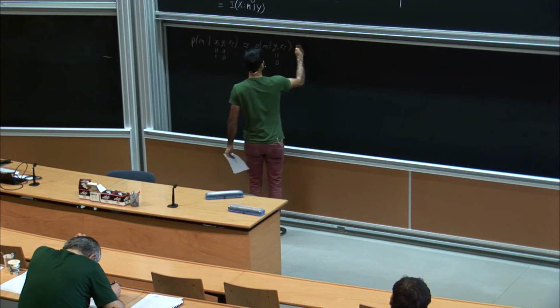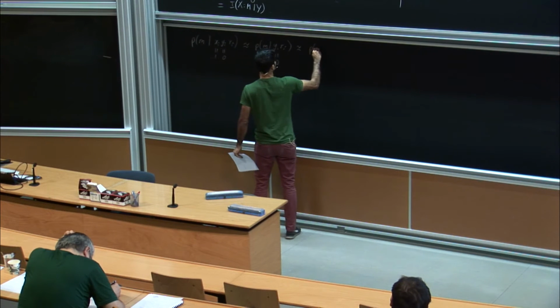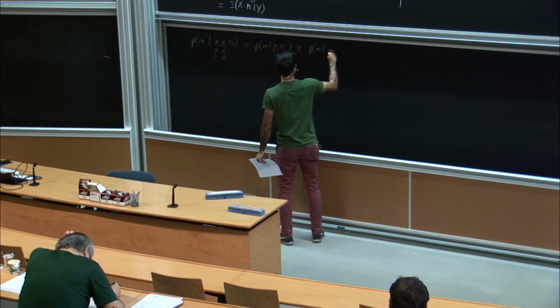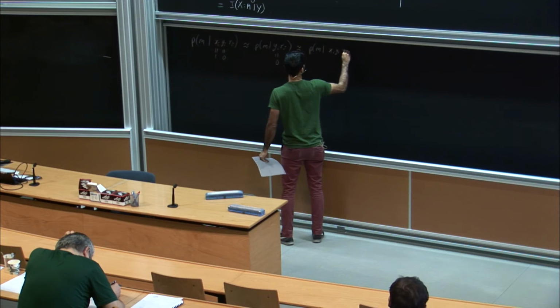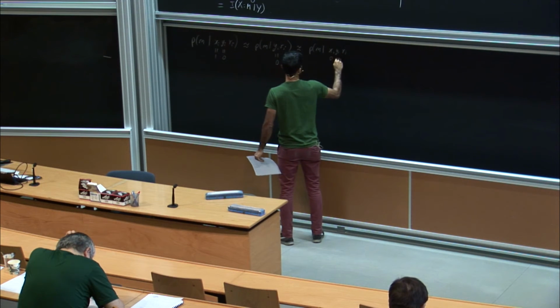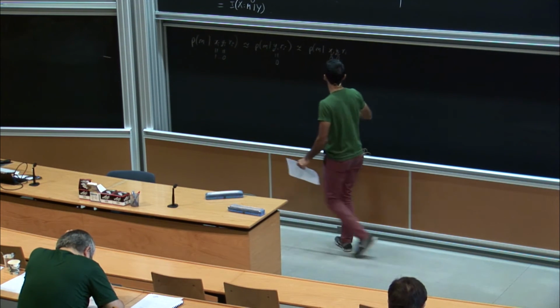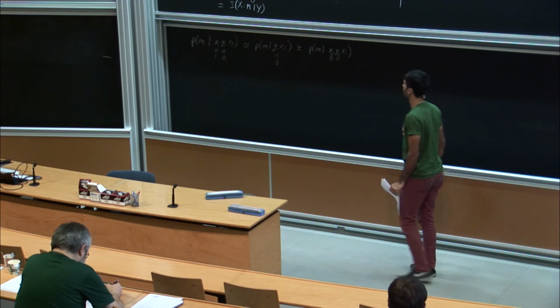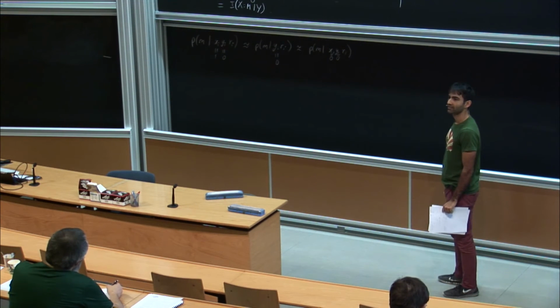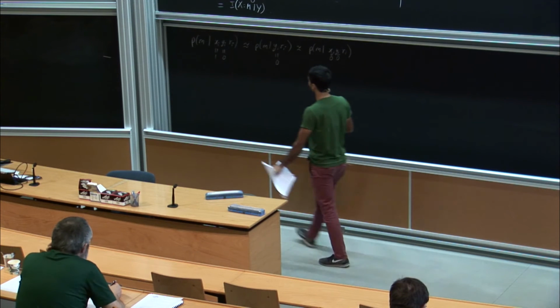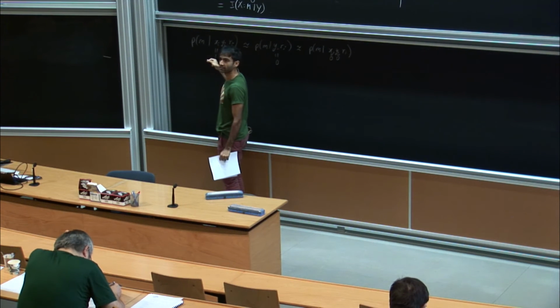But by exactly the same argument, that must be close to the distribution of M when you set Xi, Yi to be 0, 0, because I could have picked 0 instead of 1 here.